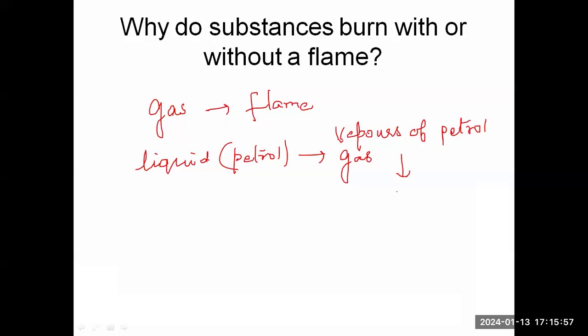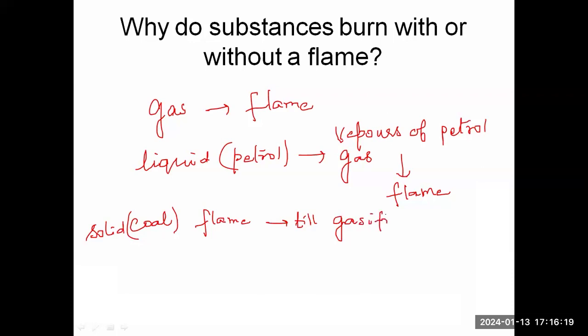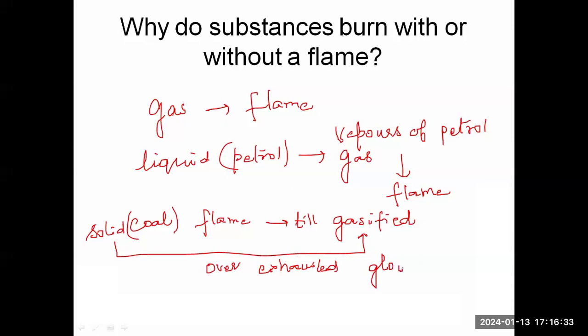So then it will also burn with flame till the last particle. But if you are burning a solid like coal, then it will burn with flame only as long as there are substances present which can be gasified. When those substances get exhausted, the flame goes away and you simply see it glowing.